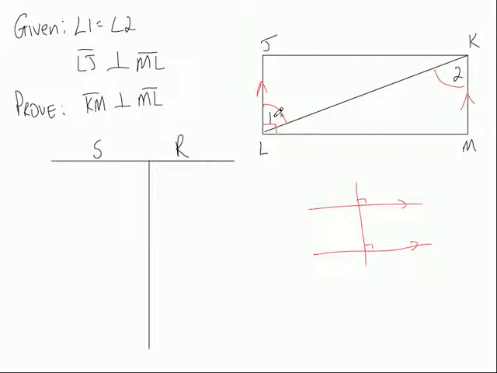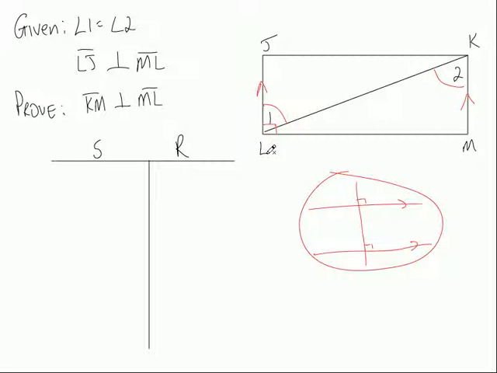See, that's my transversal, LK right there, so this line and this line must be parallel to each other. So if JL is perpendicular to LM, and KM is parallel to JL, then KM is going to be perpendicular to LM as well, because of this theorem. They call it the perpendicular transversal theorem.